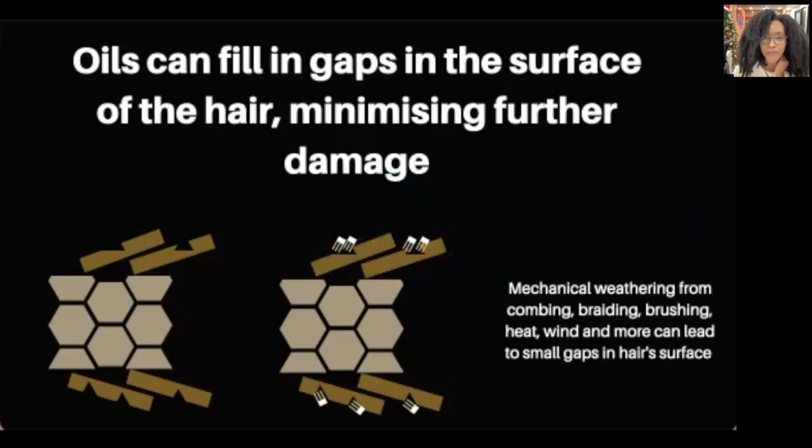Unfortunately, your hair remembers everything you do to it, so you can't really undo the damage, but you can kind of patch up the damage until it's time to trim that hair away.